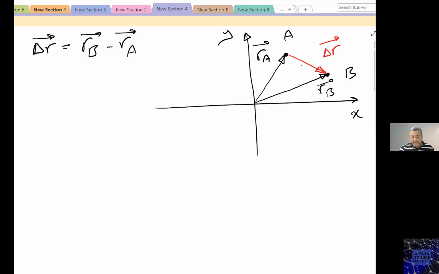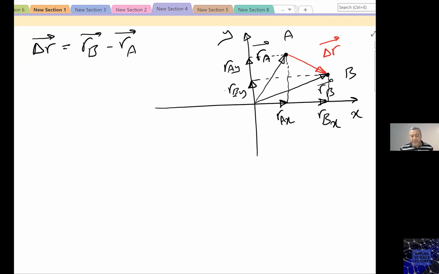This means that I have to project RA on the X and get RAX, and also project it on the Y and get RAY. Same thing for vector B: I project it on the X and get RBX, and I project it on the Y and get RBY.